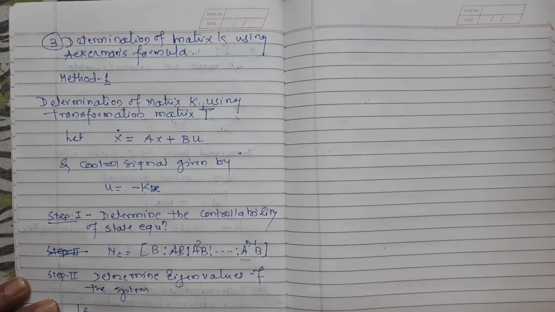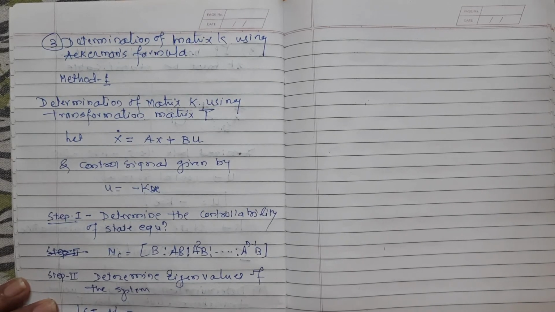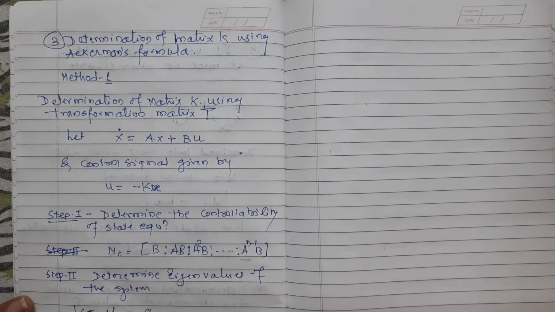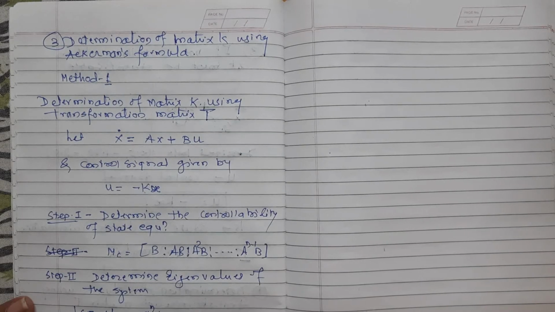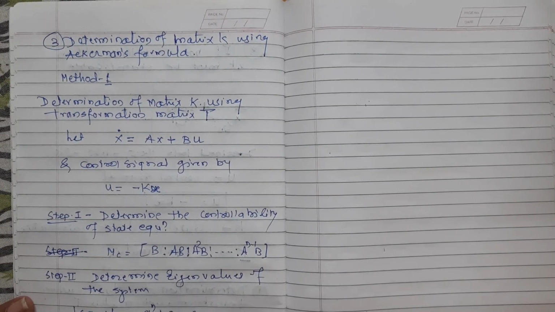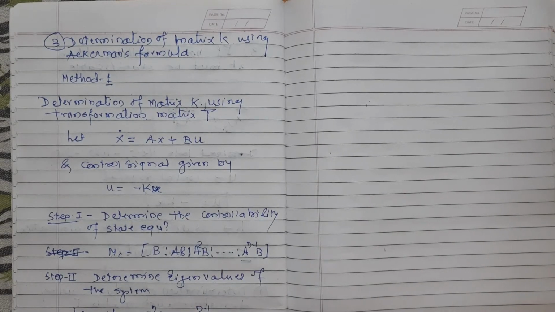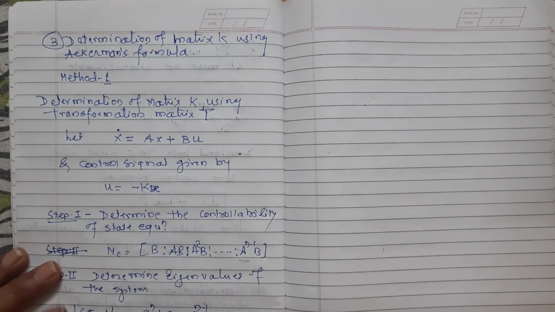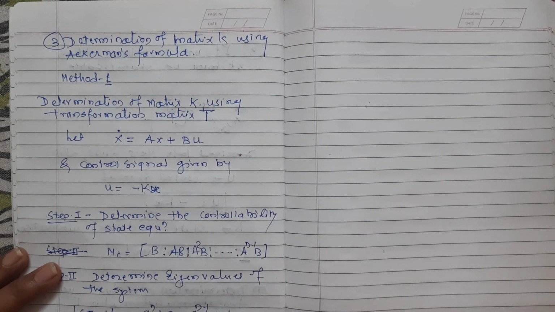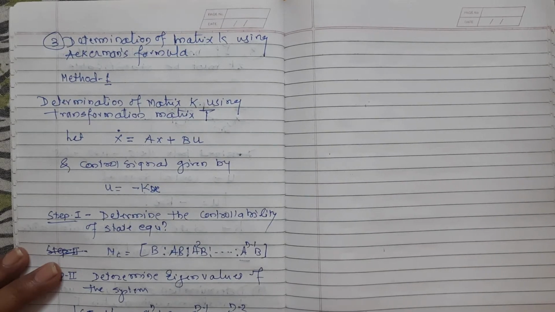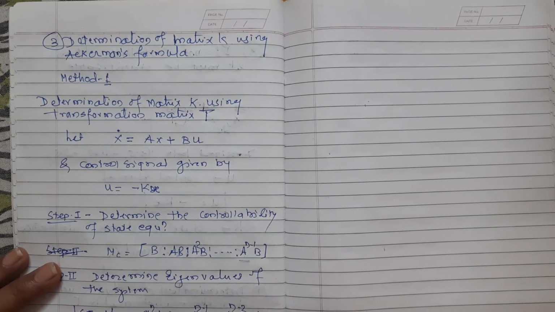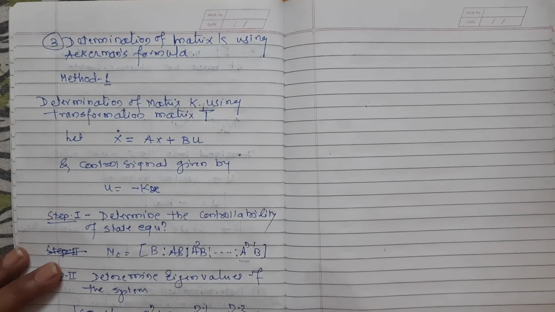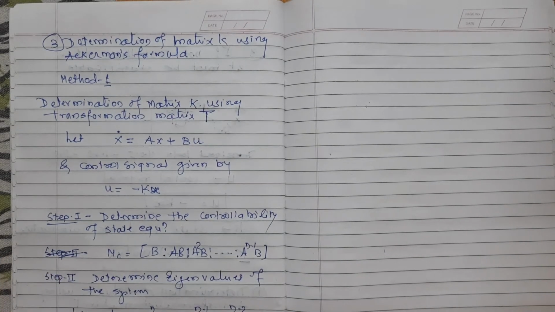Let us say sI minus A. This equation we will write down, it equals s raised to n plus a1 s raised to n minus 1 plus a2 s raised to n minus 2, and so on, plus a n minus 1 times s plus an.